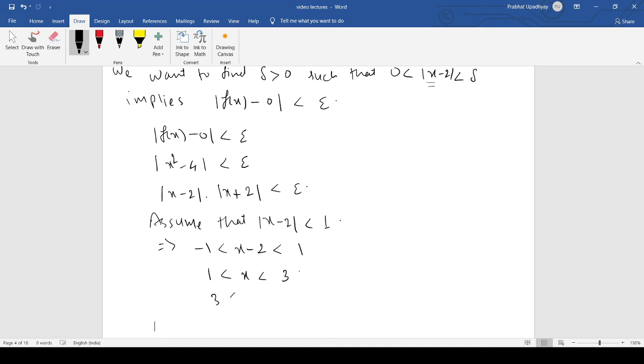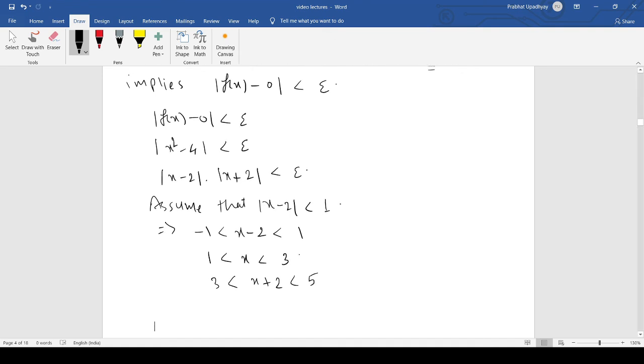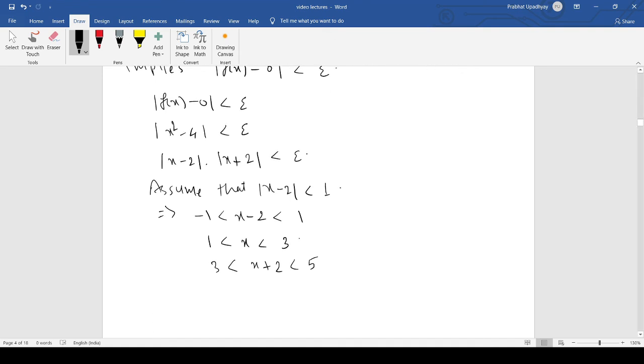So you will have 3 less than x plus 2 is less than 5. Now, since x plus 2 lies between 3 and 5, you can say x plus 2 is greater than minus 5. That means mod x plus 2 is less than 5.